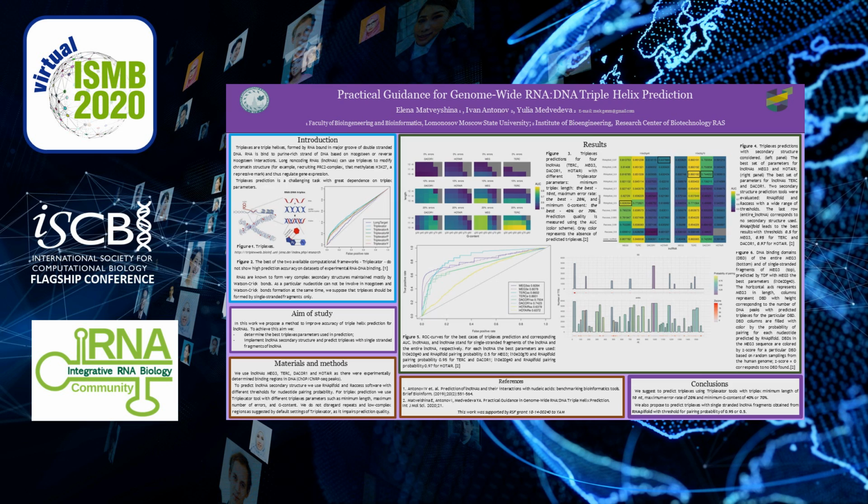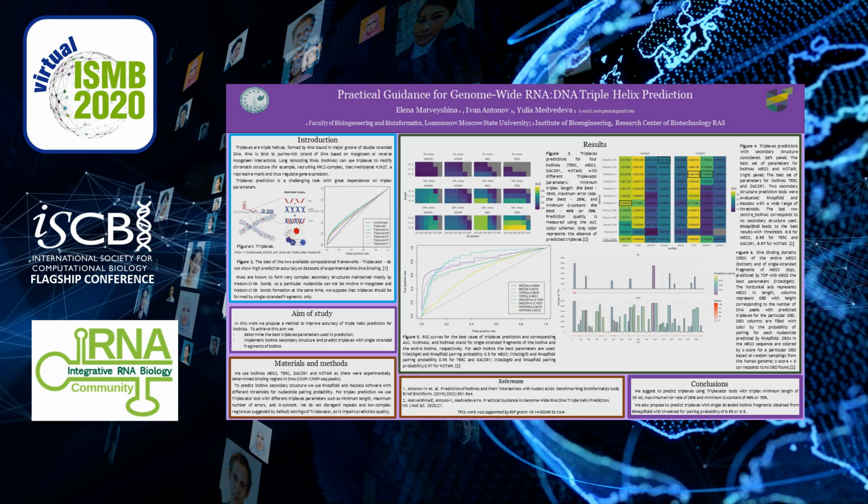variants of this parameter. On the next step, we predict RNA secondary structure with RNAplfold and RNAfold tools, with different thresholds for nucleotide pairing probability. After that, for obtained single-stranded fragments of each lncRNA, we predicted triplexes with two best sets of triplex parameters determined above.